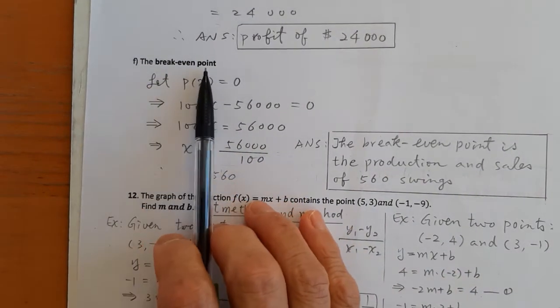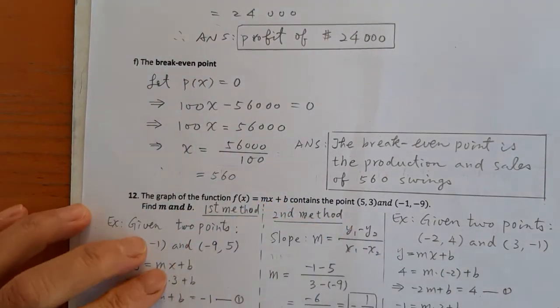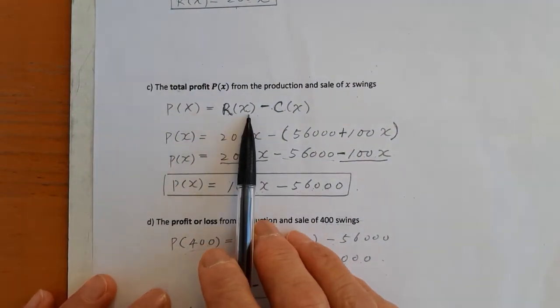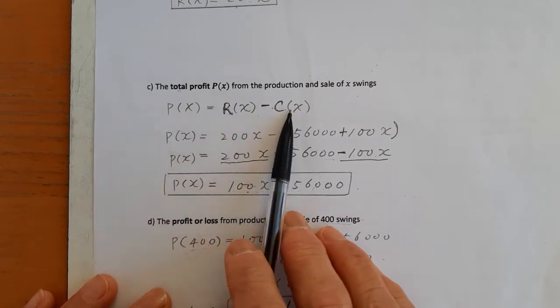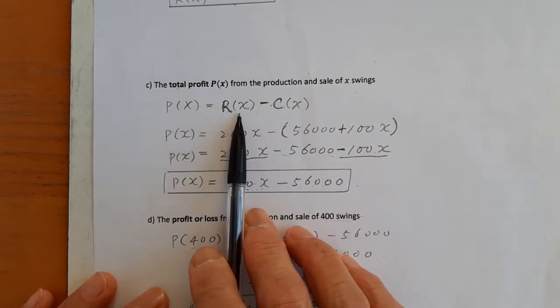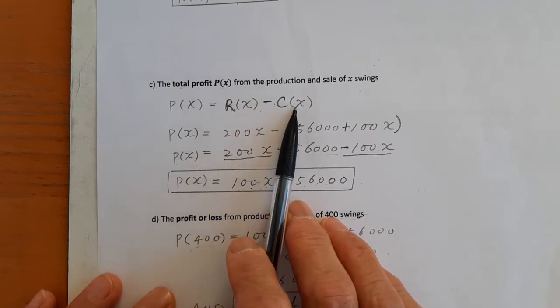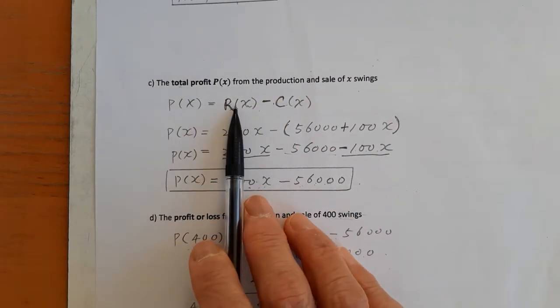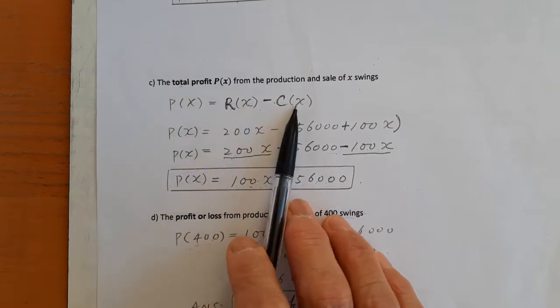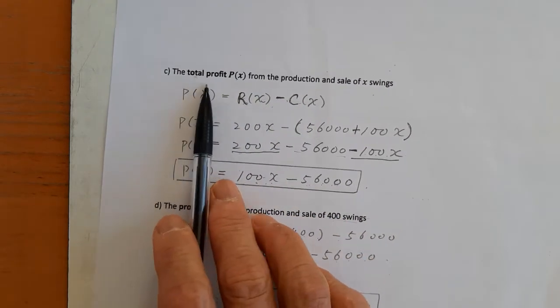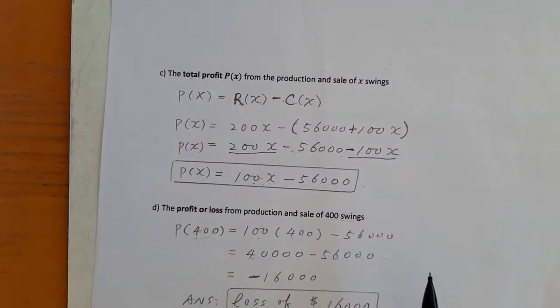The break-even point is when your revenue and the cost are equal. When R of x and the cost are equal, R of x minus C of x, the subtraction, will be 0.